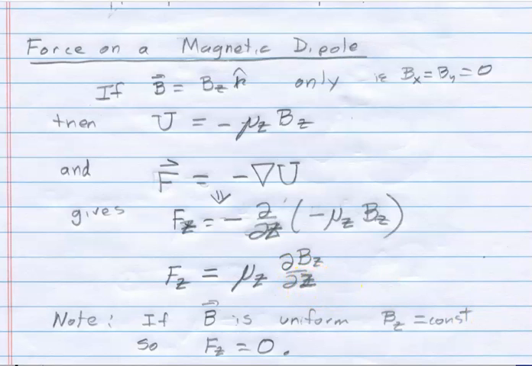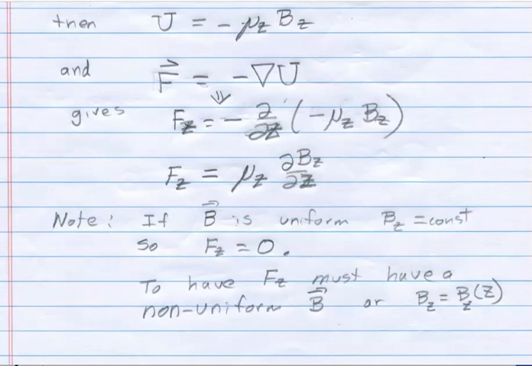One of the things that implies is that if B is uniform, then B is a constant. In particular, Bz is a constant in a uniform field, and this derivative vanishes. So, in general, there is no force in uniform fields. In order to have a force on a magnetic dipole, you must have a non-uniform magnetic field, or in our case, since we've only got one component, that component has to be some function of z. It has to vary with where you are.